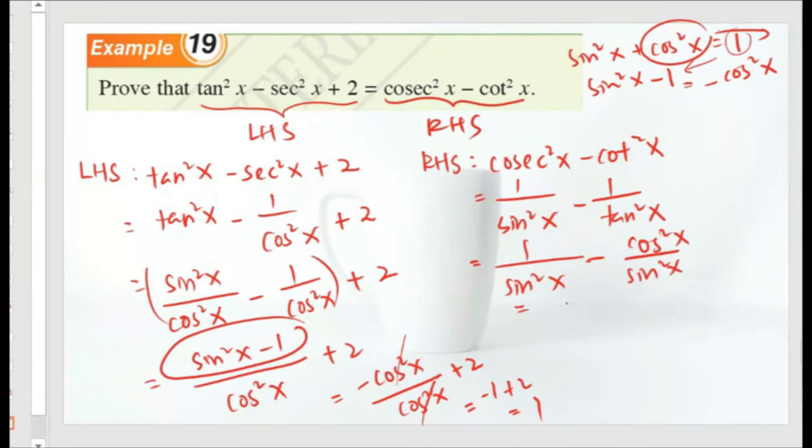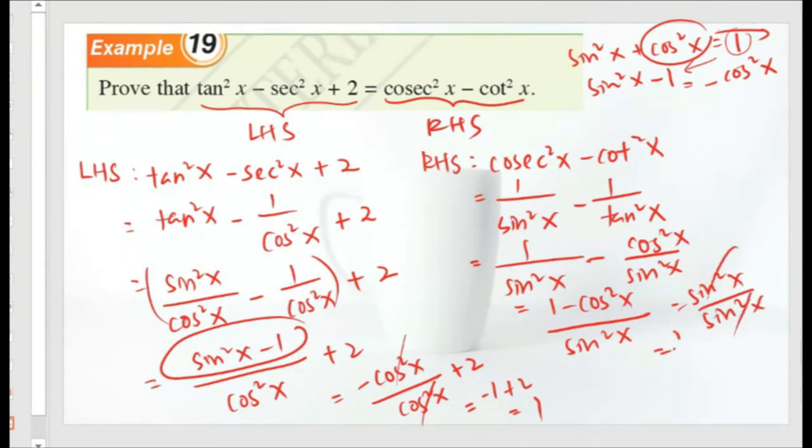You see the denominators are the same now. 1 minus cos squared x over sine squared x. 1 minus cos squared x is equal to sine squared x. So equal to sine squared x over sine squared x. See, they are the same, equal to 1. So left hand side 1, right hand side also 1.